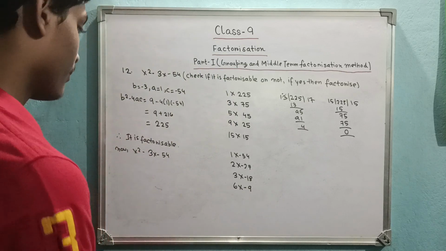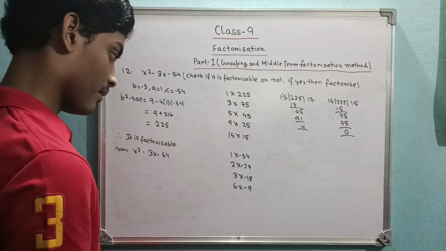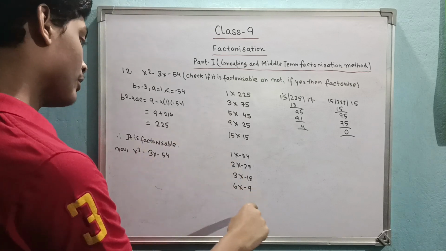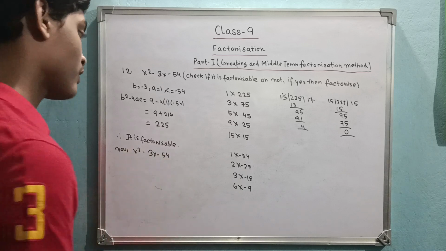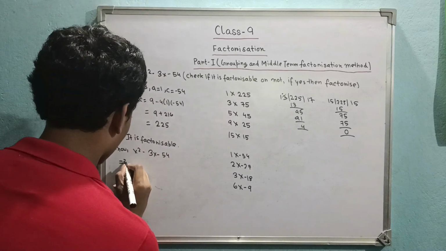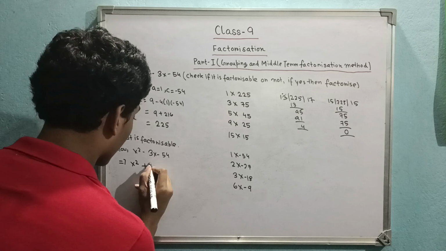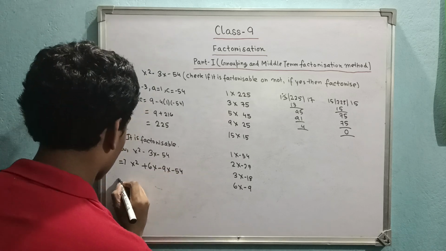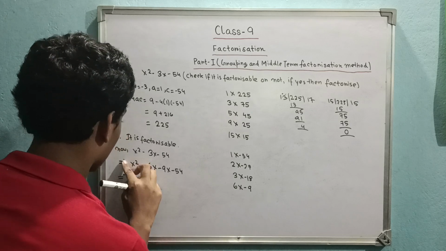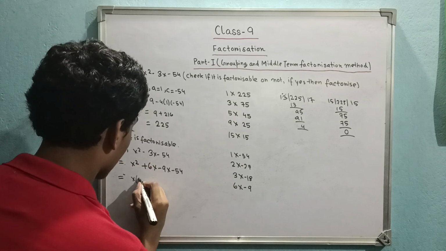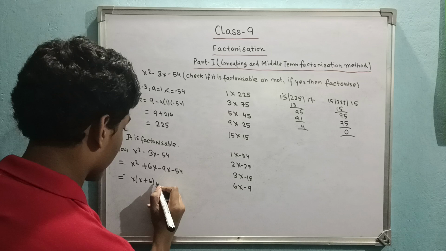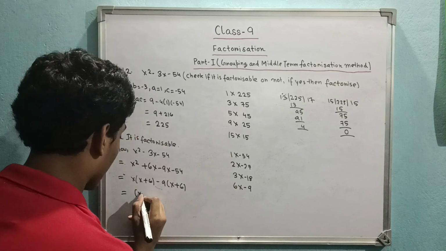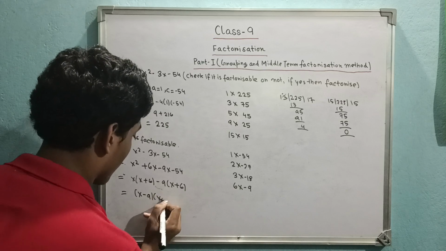So guys, see now, 6 minus 9 is minus 3 as given here, and 6 into minus 9 is minus 54. Justified. So now I can write this as x square plus 6x minus 9x minus 54. This will be equal to x into x plus 6 minus 9 common into x plus 6. This will be equal to x minus 9 into x plus 6.